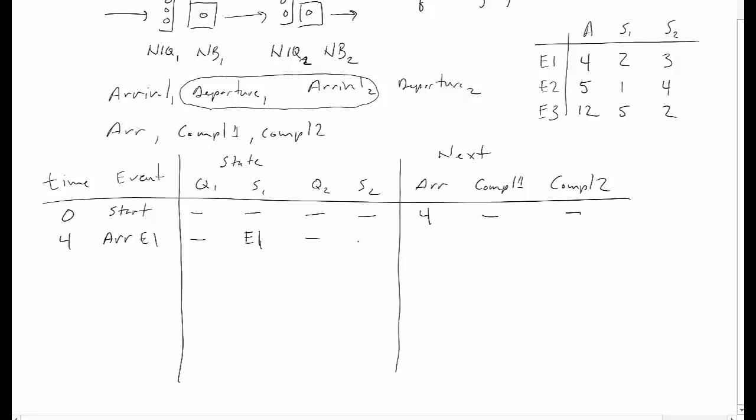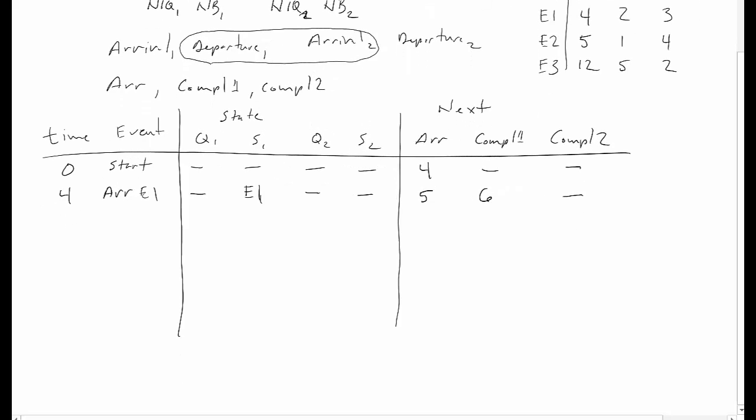Nothing in Q2, nothing in S2. The next arrival, which will be E2, happens at time 5. Now E1 has started processing on server 1, so E1 is going to take 2 time units. It's currently time 4, so the completion will occur at time 6, and we don't have a completion on server 2. There's nothing being processed.